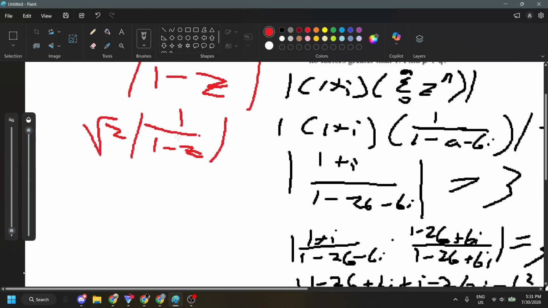Then they divided both sides by root 2 and flipped it over, so the absolute value of 1 minus z is equal to root 2 over 3, or something like that, and then they somehow figured it out. I don't know. I didn't do it right.